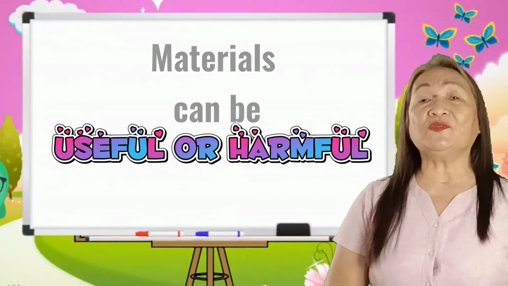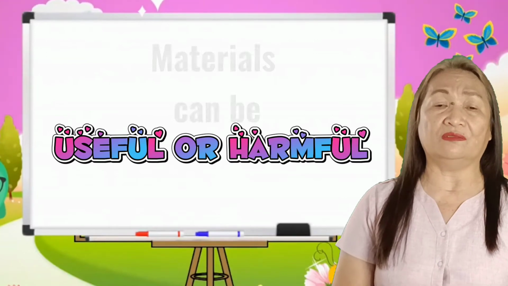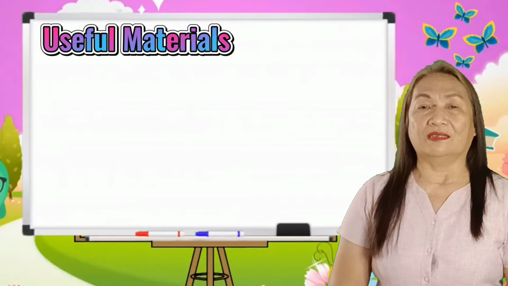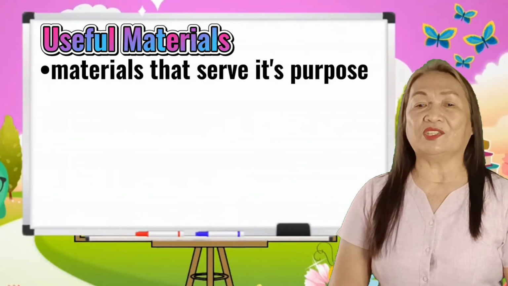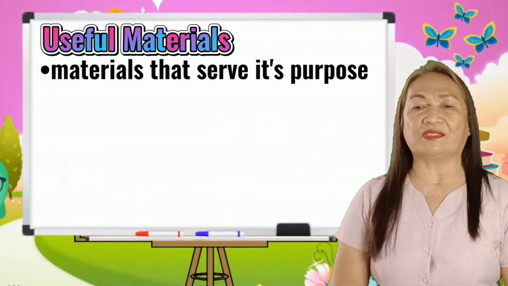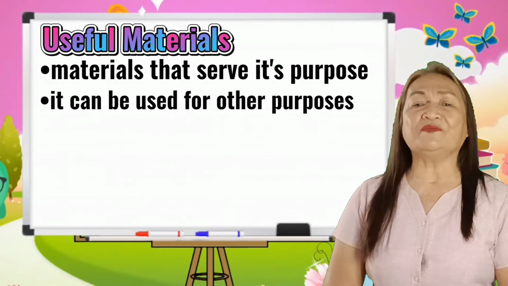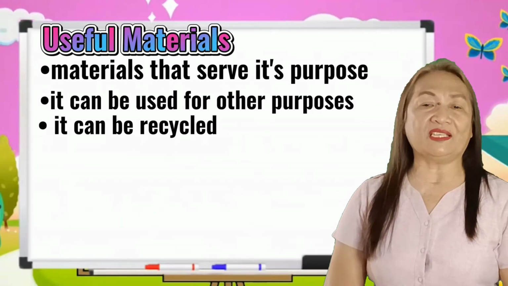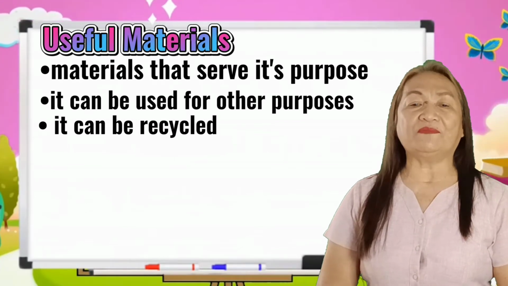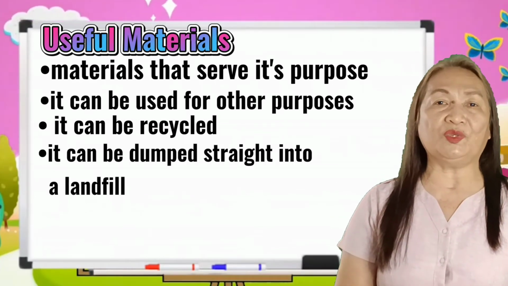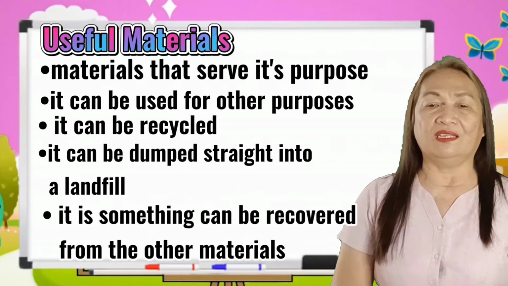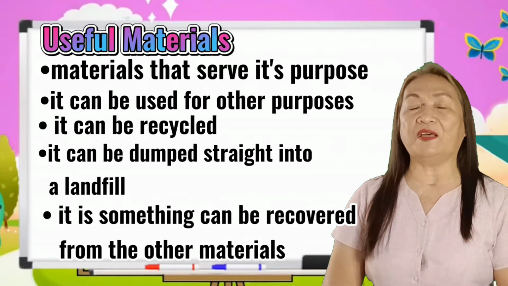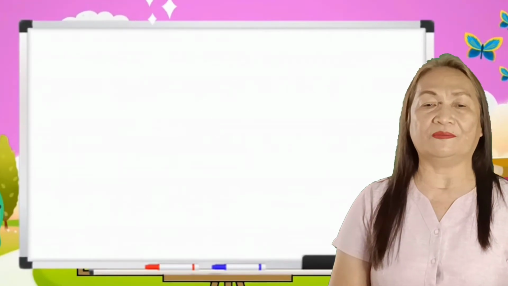Materials can be useful or harmful. Useful materials are materials that serve its purpose. It can be used for other purposes. It can be recycled. It can be dumped straight into a landfill. It is something that can be recovered from the materials.